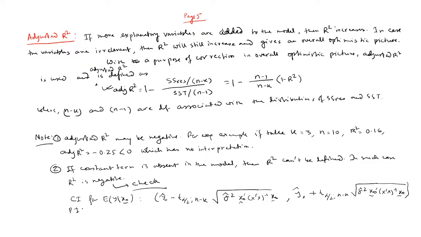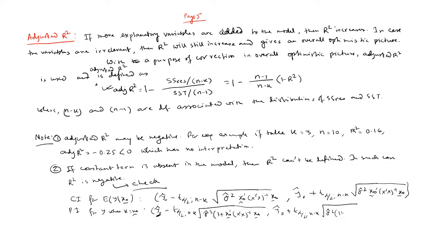And the prediction interval for a future observation is y naught hat minus t alpha by 2, n minus k, times root of sigma hat square (1 plus x naught prime (X prime X) inverse x naught), comma, y naught hat plus t alpha by 2, n minus k, times root of sigma hat square (1 plus x naught prime (X prime X) inverse x naught). So this is a prediction interval.